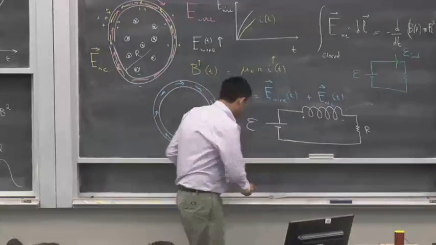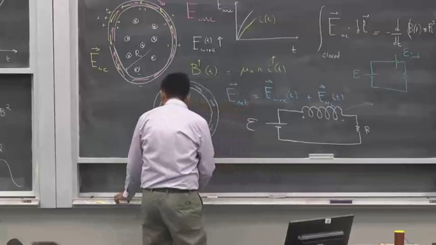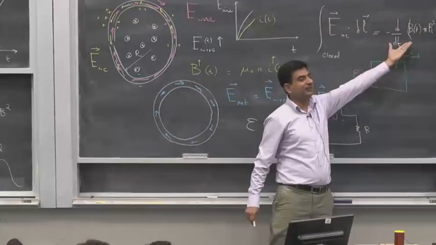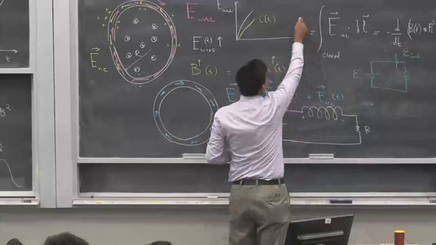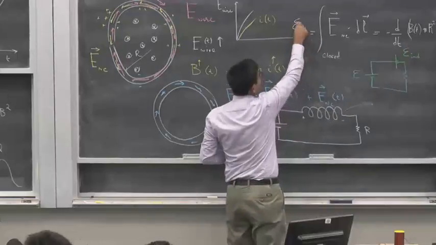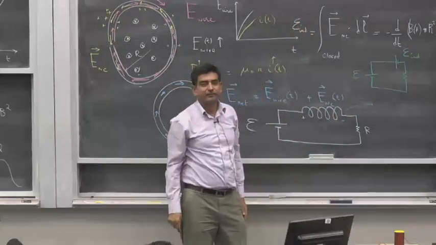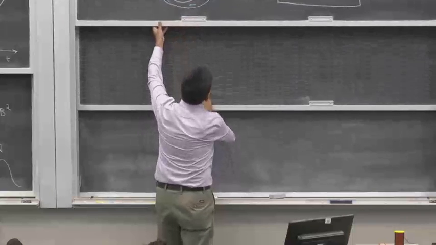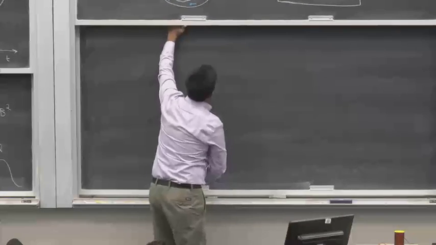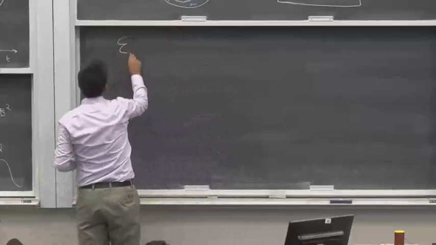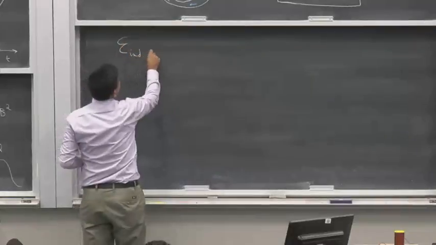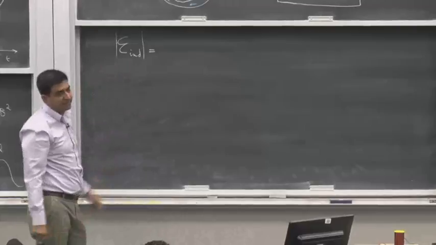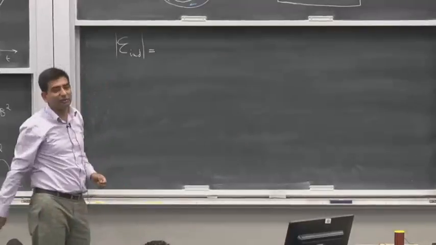And the voltage across this solenoid, we can find out what that voltage is. That voltage would simply be given by this. This is an EMF. Remember, it's an induced EMF. So the magnitude of this EMF, of this inductor, is going to be given by its magnitude. We are only interested in magnitudes here. We know what the polarity is. The polarity is given by Lenz's law.